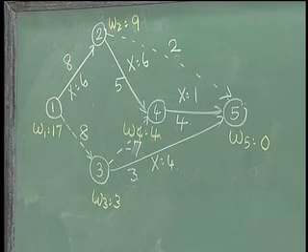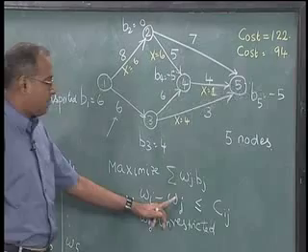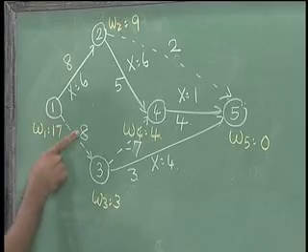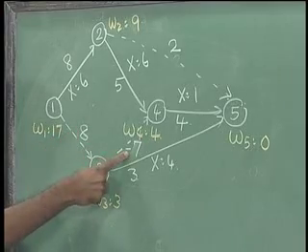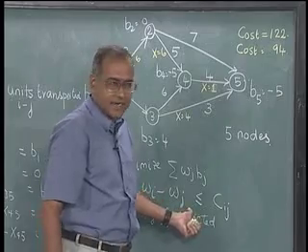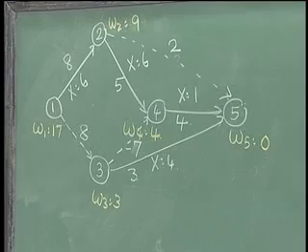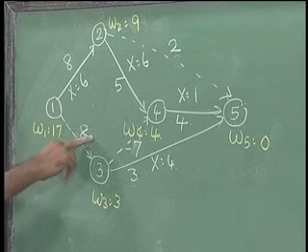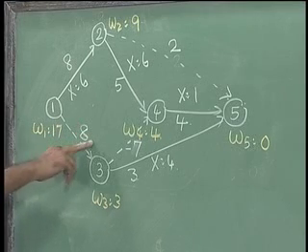So, out of the 3 values that we have computed for Wi minus Wj minus Cij, we find a positive quantity here, a negative quantity here, and a positive quantity here. The positive quantities indicate that the corresponding dual constraint is violated, and the most positive one happens to come here, and this will be the entering basic variable.